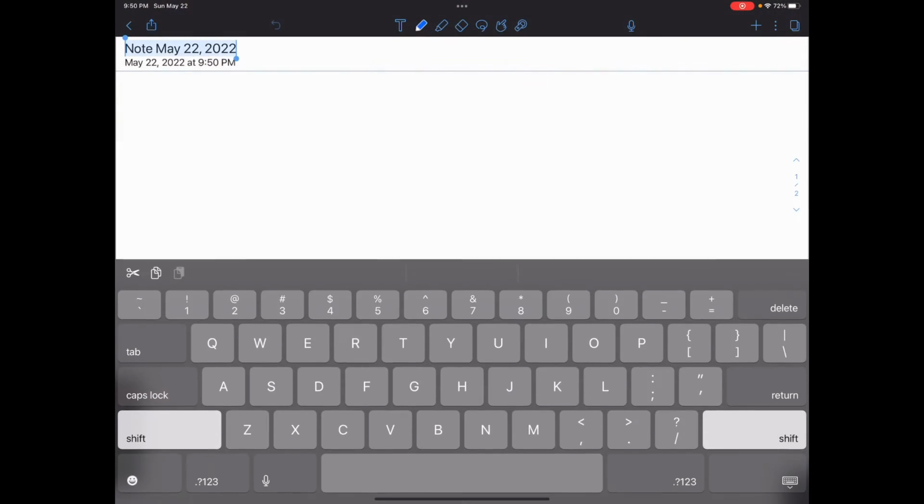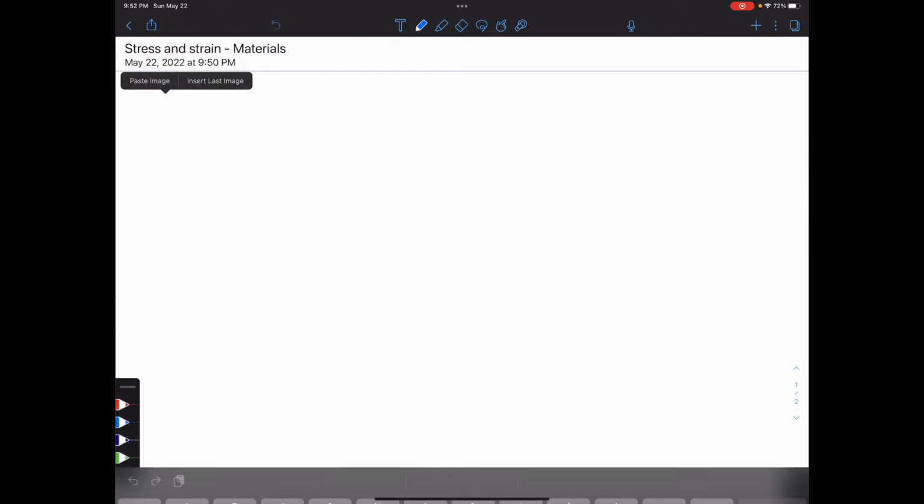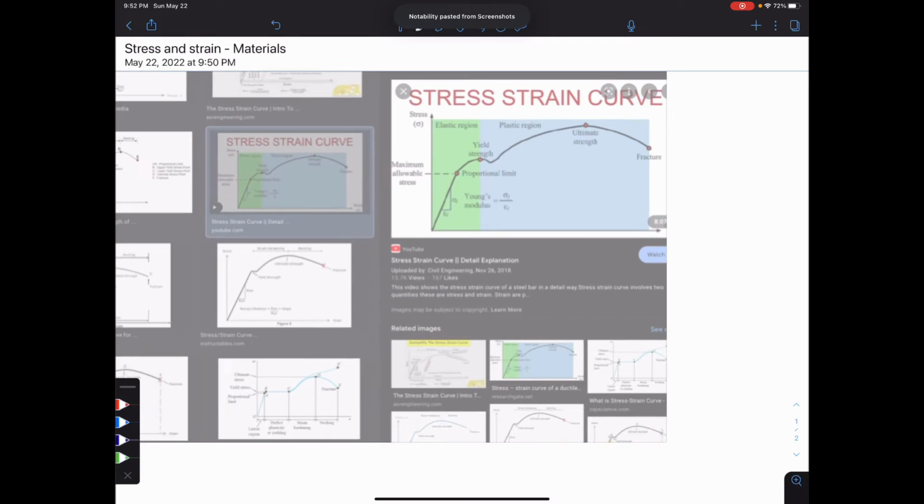So today we are going to be talking about stress and strain and understanding what essentially is very introductory material for mechanics of materials. All right, so I went and pulled this image up, so let's start with this.